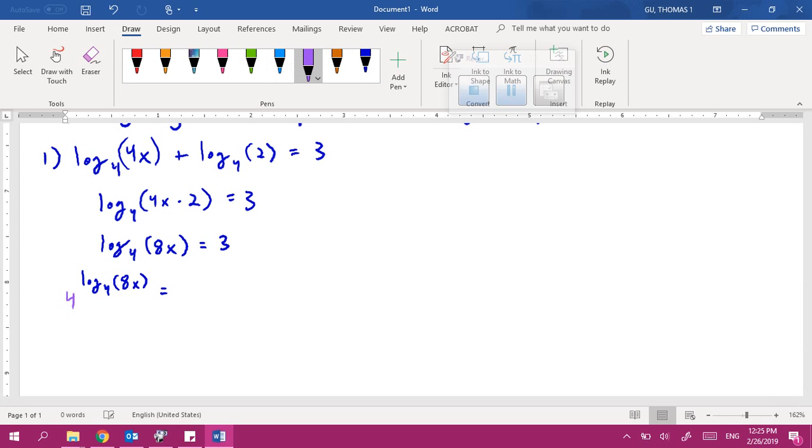Equals, what's going to be on the right side? 4 cubed, right. I keep asking you this because I want to make sure you guys don't flip it around. Some people would say something like 3 to the 4.